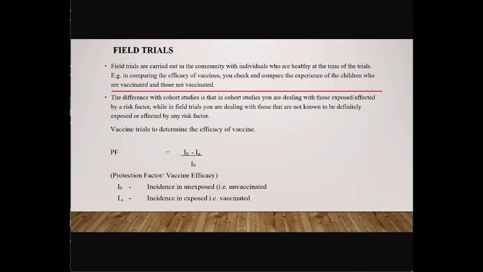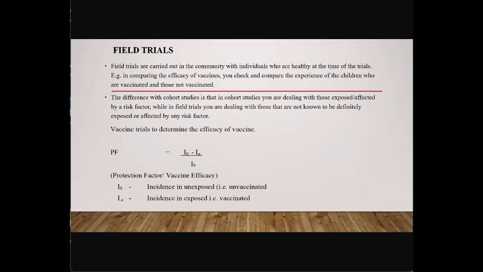Field trials, we use more for vaccine trials, okay? Now, it is similar to a randomized controlled trial, but not exactly. In this instance, we made a vaccine, and we all know that what a vaccine does is to protect people from infection.